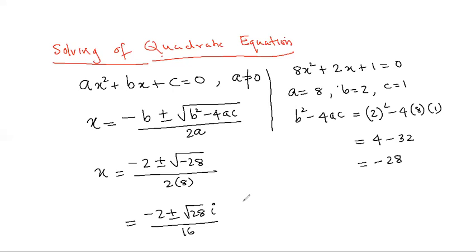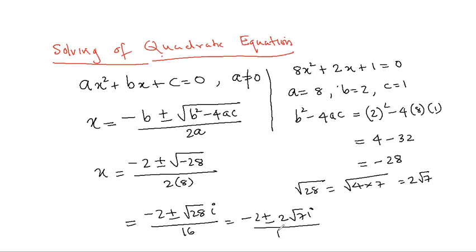Now root 28 I can split as root of 4 into 7, which I can write as 2 root 7. So this became minus 2 plus or minus 2 root 7i upon 16. If I separate it, minus 2 by 16 plus or minus 2 root 7 by 16i. So my final answer is minus 1 by 8 plus or minus root 7 by 8i.